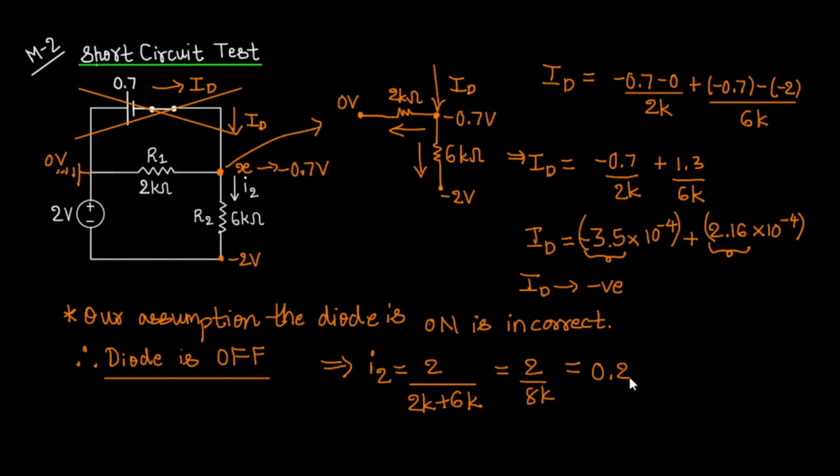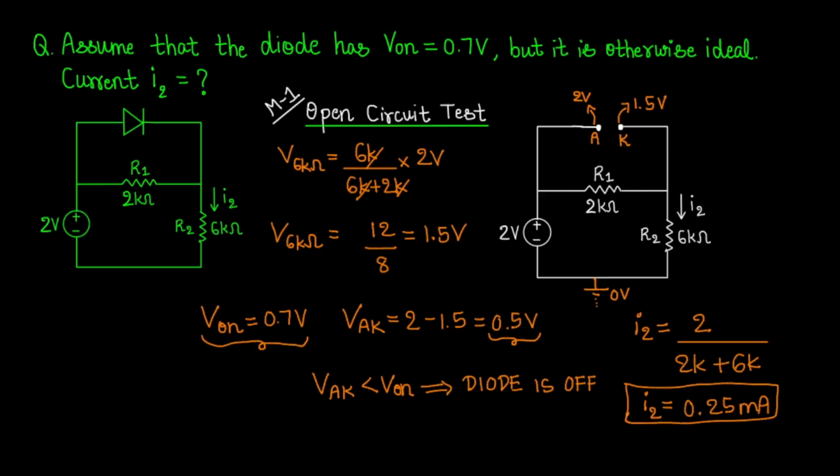We arrive at 0.25 milliampere. So through both the methods, we have arrived at the same answer. So the final answer of this problem, as asked in the question, is the current I2 flowing through the 6 kilo ohm resistor is 0.25 milliamperes.